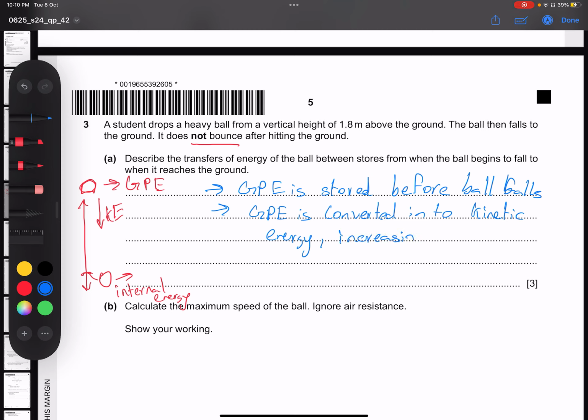Increasing is a key word here because the kinetic energy has to increase, shown by the actual increase in speed of the ball as it falls down. So increasing KE, or kinetic energy, and this kinetic energy is transferred to thermal energy once the ball hits the ground, since it needs to dissipate.